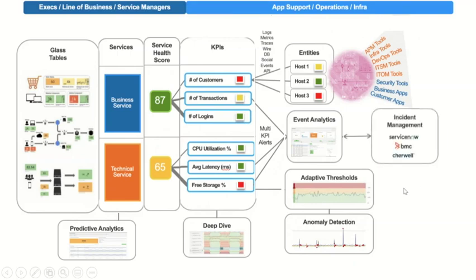So the last one is last but not the least. After the event analysis, once you have the events in the event analytics dashboard, from an automatic or manual action you can trigger an alert.